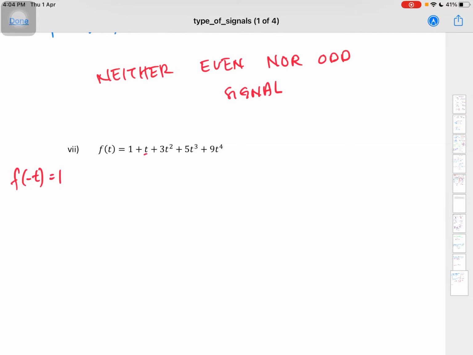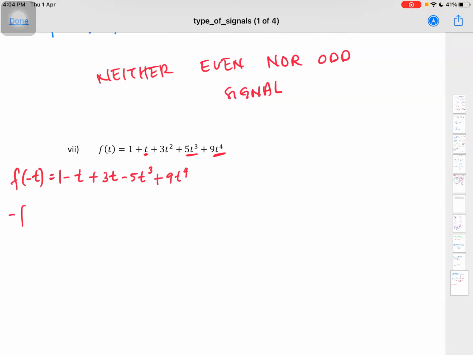So here we have t, so we will make it minus t, plus 3 minus t to the power of 2, we will get t squared. Okay, minus t for this one, minus t to the power of 3, we will get minus t cubed. So minus 5t to the power of 3, and minus t to the power of 4 will get positive.